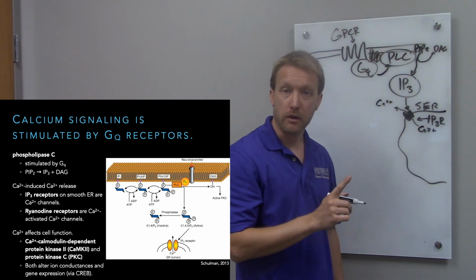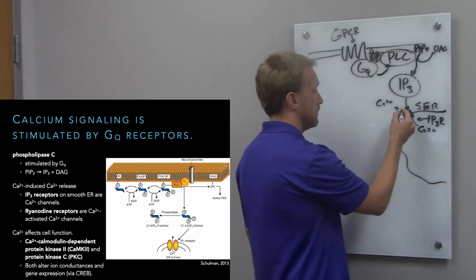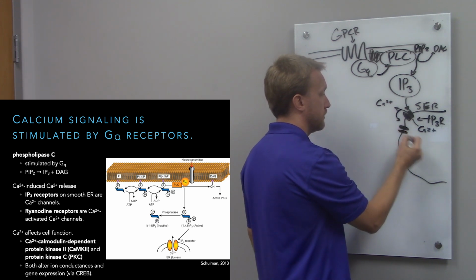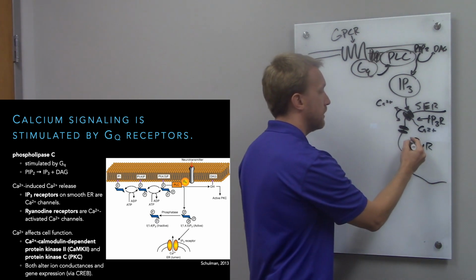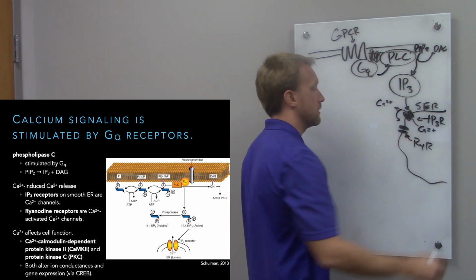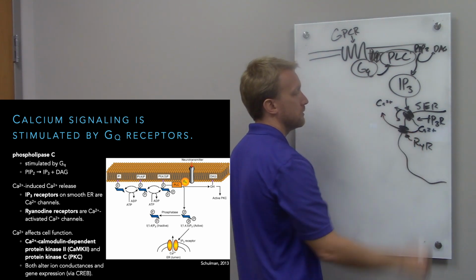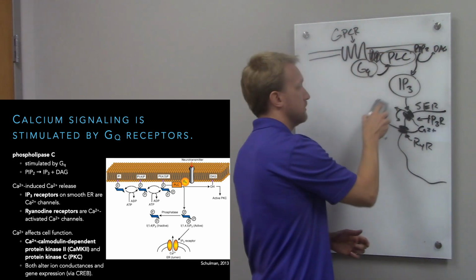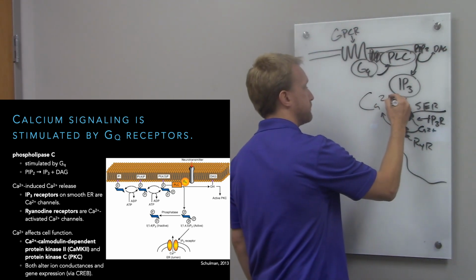But we don't really want a little burst. We want to send a nice, robust signal. And that's where ryanodine receptors come in. These are the same ryanodine receptors that we talked about when we covered muscles. I'm sure you remember everything from physiology. They're still calcium channels. So instead of getting a little bit of calcium to come out, we get a lot of calcium to come out.